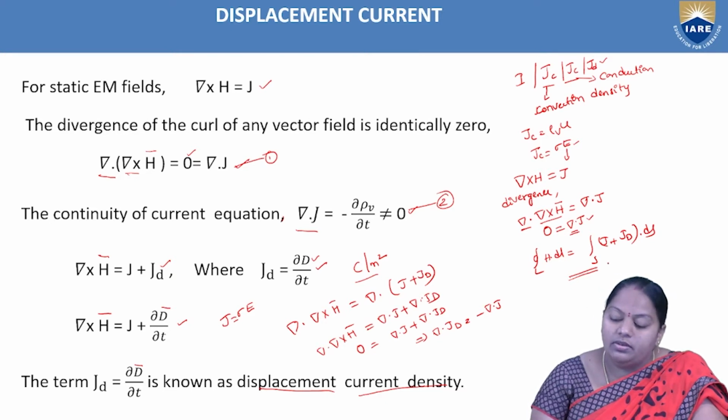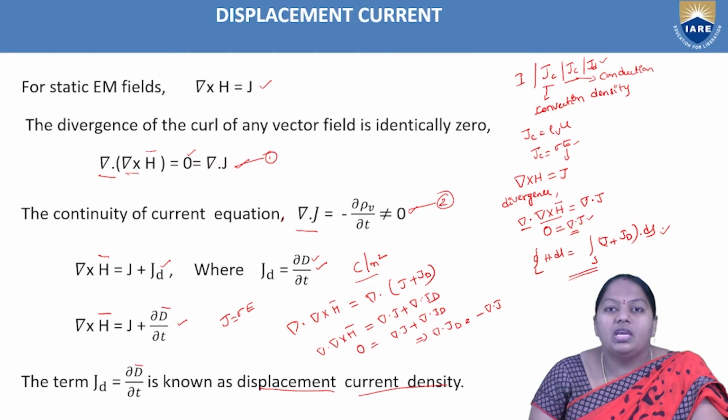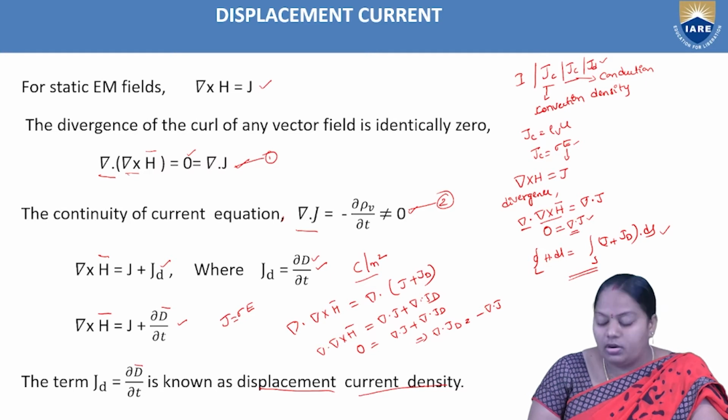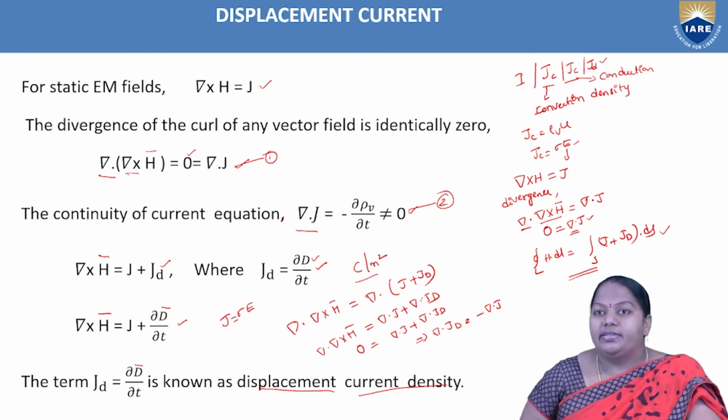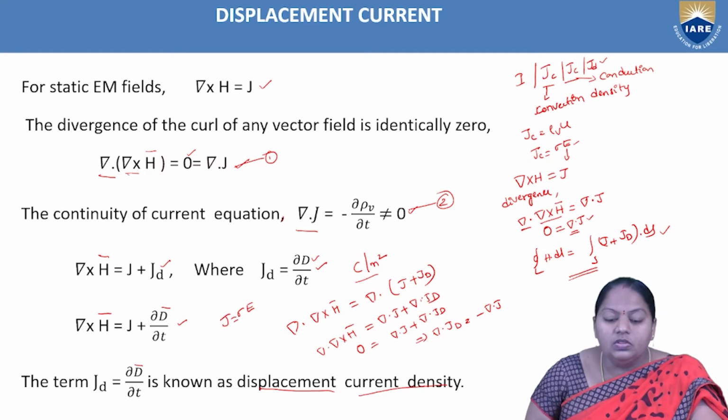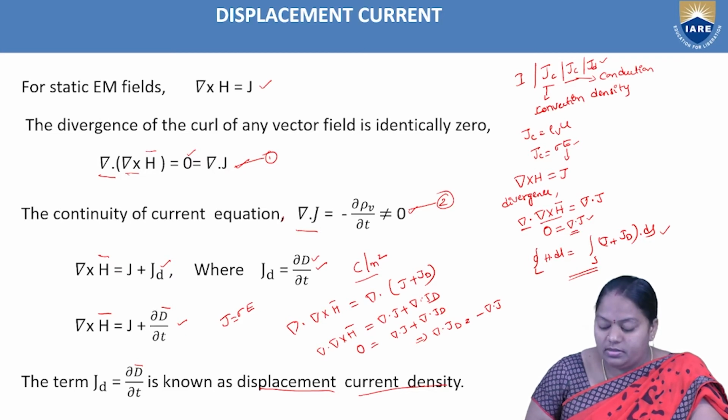This is the integral form of Ampere's Circuital Law, expressed for time varying fields or electromagnetic fields. Okay. So this is about displacement current density, where JD is the displacement current density and ID is the displacement current. Generally, the notation for current is I, and D stands for displacement.